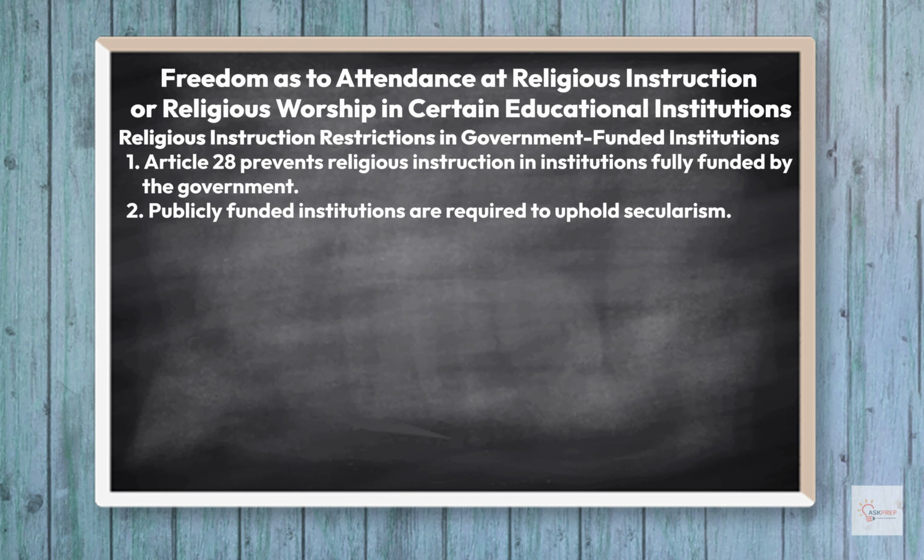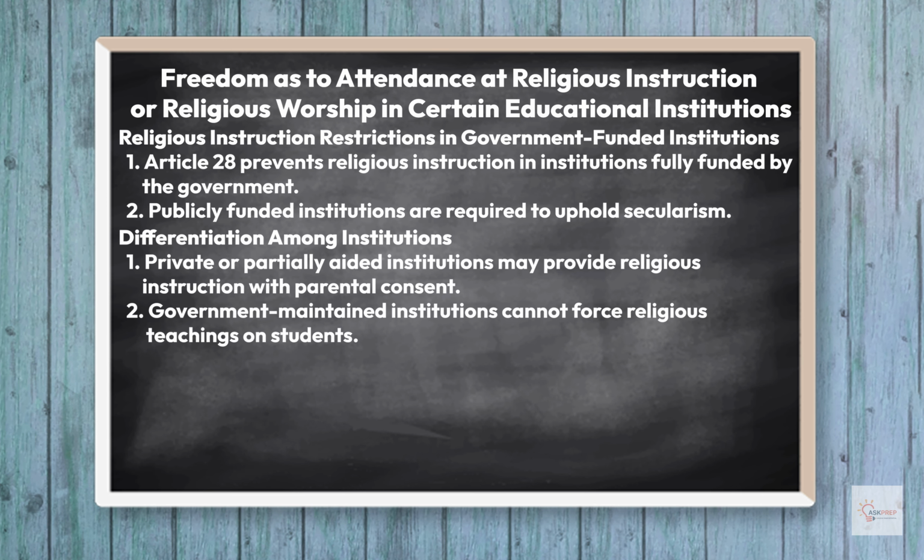Publicly funded institutions are required to uphold secularism. Differentiation among institutions. Private or partially aided institutions may provide religious instruction with parental consent. Government-maintained institutions cannot force religious teachings on students.